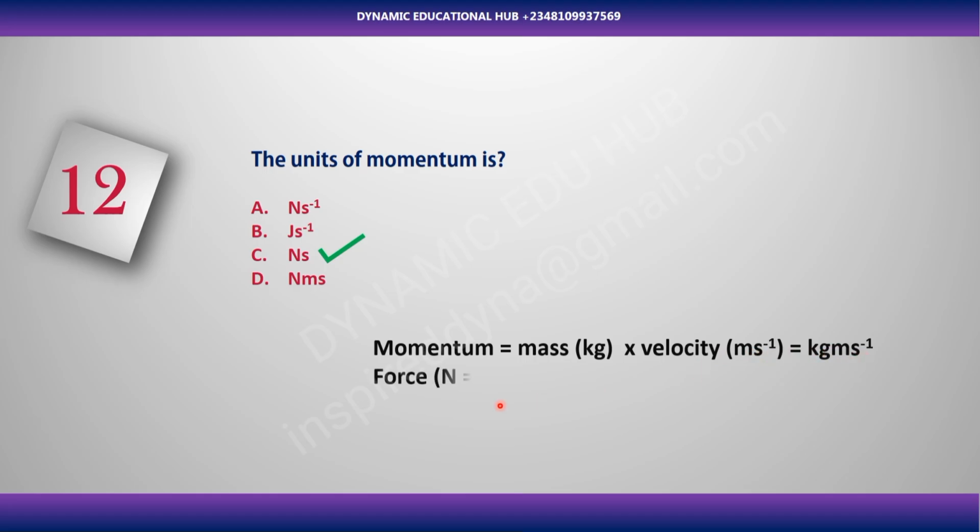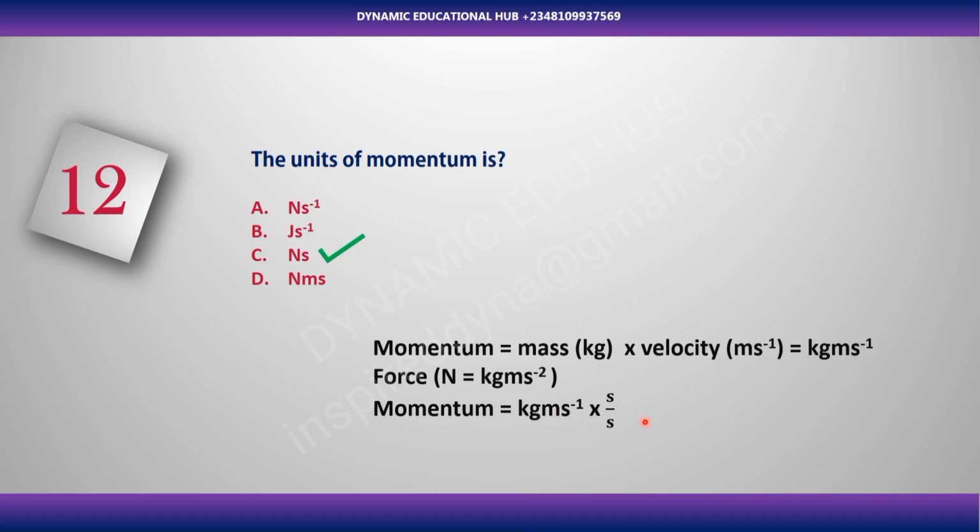You know that force itself has the unit Newton, and the derived unit of Newton is kilogram meter per second squared, mass times acceleration. Mass is kilogram, acceleration is meter per second squared. Momentum here will be kilogram meter per second.